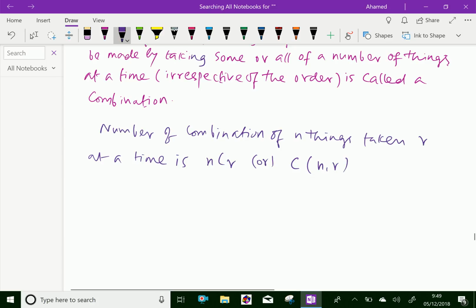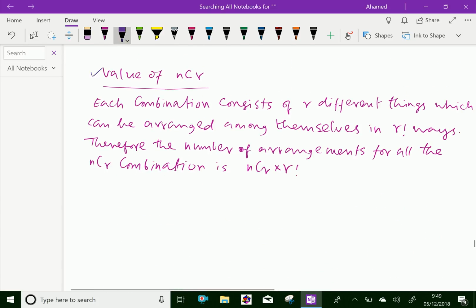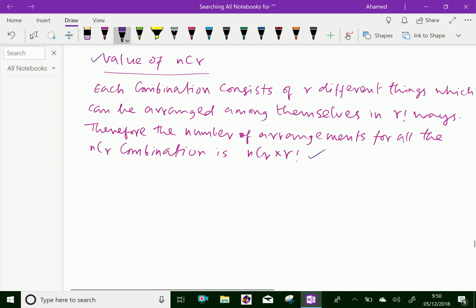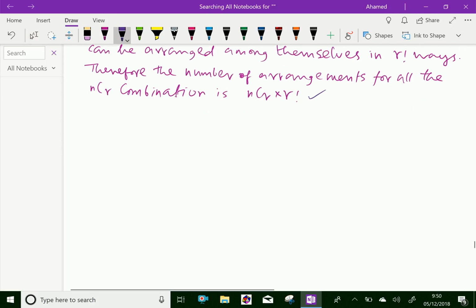Now let us discuss further the value of nCr. Each combination consists of r different things which can be arranged among themselves in r factorial ways. Therefore, the number of arrangements for all the nCr combinations is nCr into r factorial. Now, nCr into r factorial equals nPr.